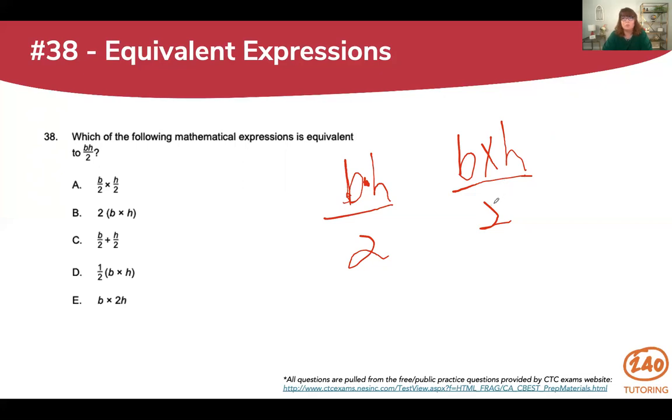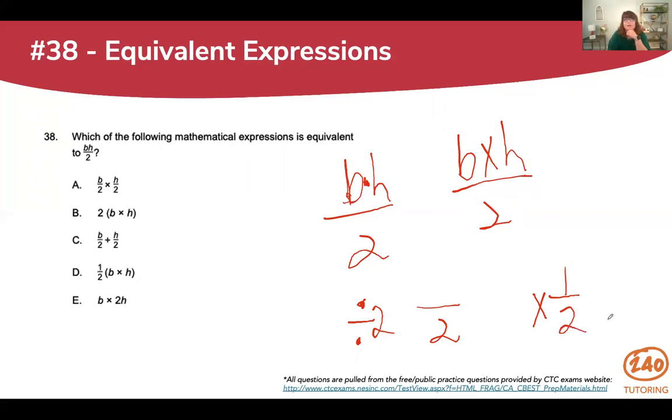Y'all, this one's really simple. We know if we're dividing something by 2, we're dividing it into 2 equal parts. Anybody with me? You're splitting it in half. So if we are ever dividing by 2, we are essentially multiplying by 1/2.